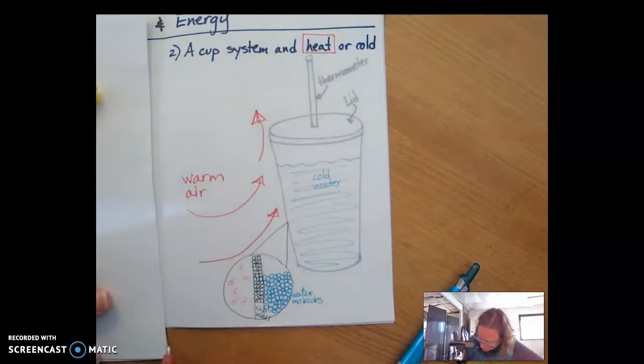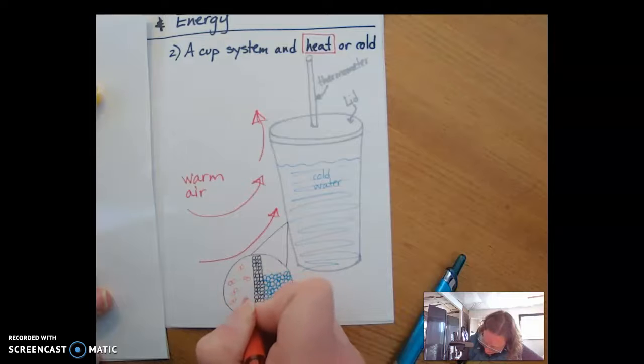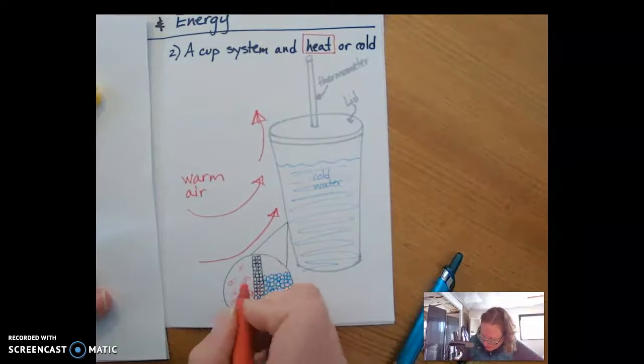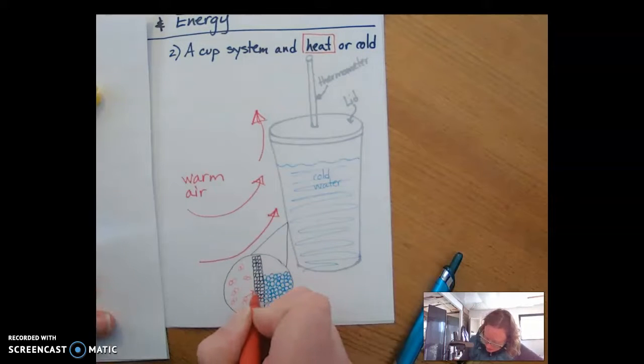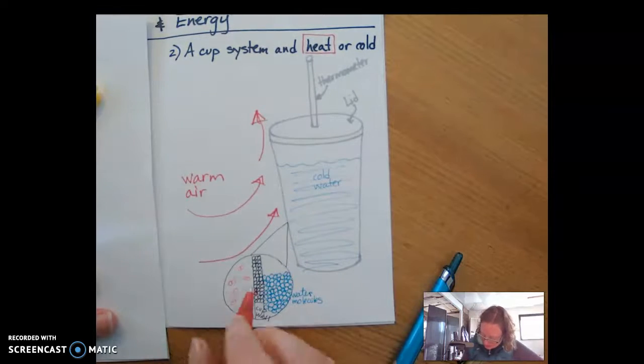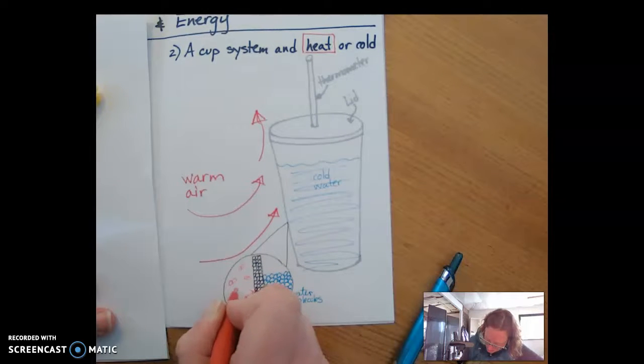And as a gas molecule collides with our cup wall, it's going to transfer its energy into the surface that it touches, because these are warm gas molecules.